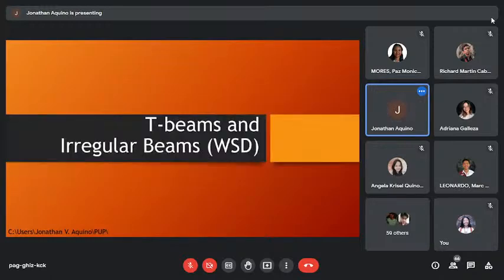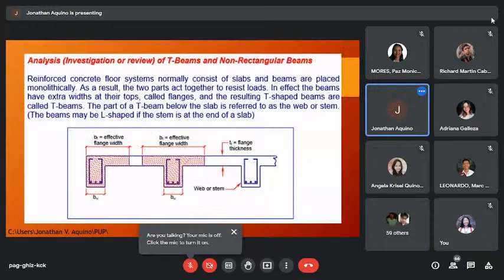Okay. Then next is T-beam and regular beam. So T-beam is a special type of regular beam.